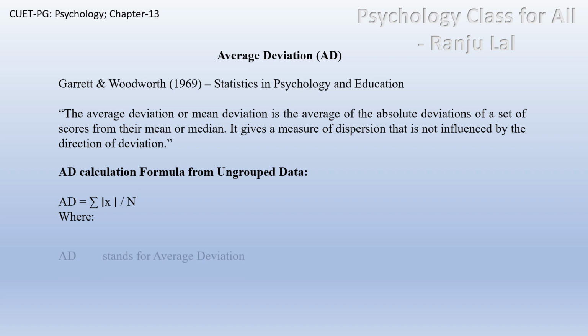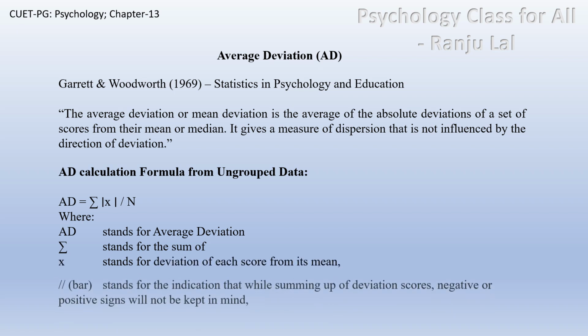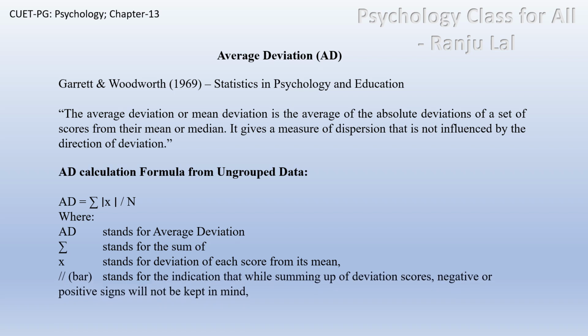The symbol of summation stands for the sum of. Small x stands for deviation of each score from its mean. This bar, also called modulus, indicates that while summing up the deviation scores, negative or positive signs will not be kept in mind. And n stands for the total number of scores.